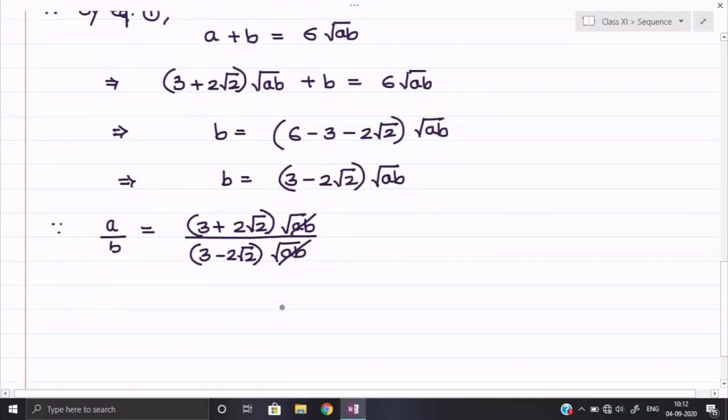So we can write down the ratio in a more needful manner. So we can say that therefore A ratio B is equal to 3 plus 2 under root of 2 ratio 3 minus 2 under root of 2, and this is the only answer we need to bring. Okay, so we have brought the required answer.